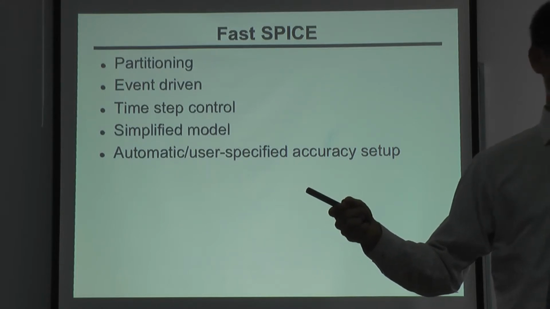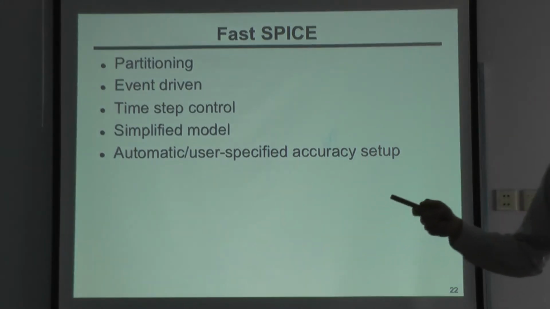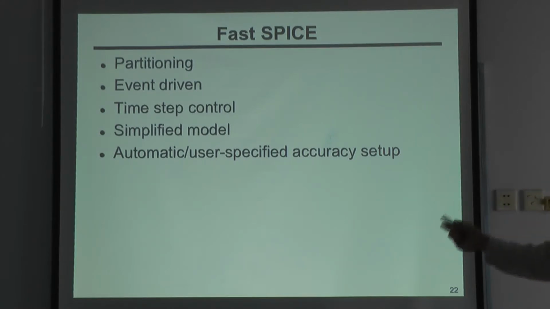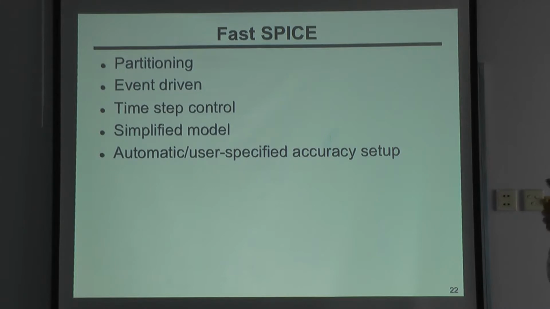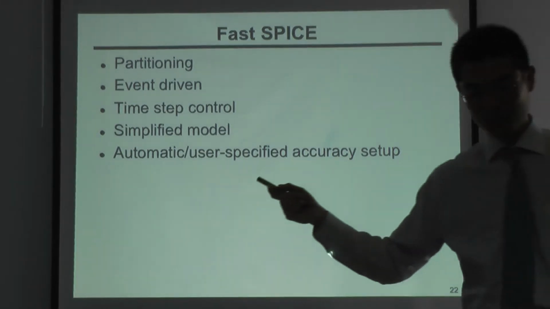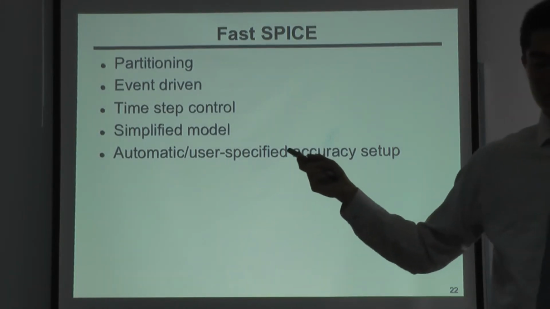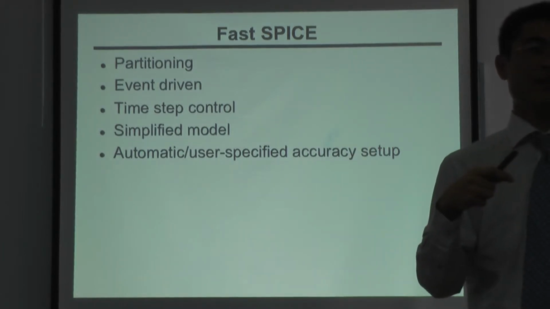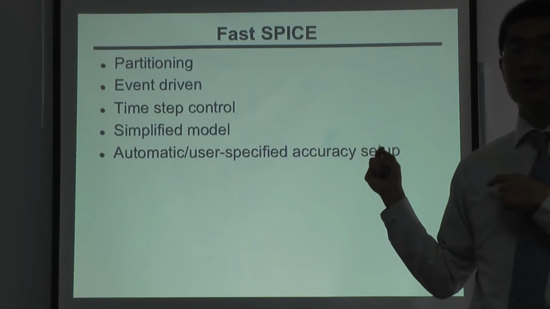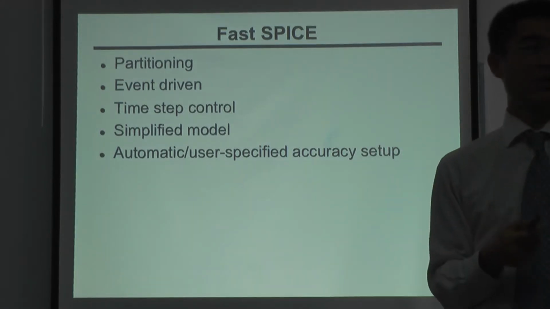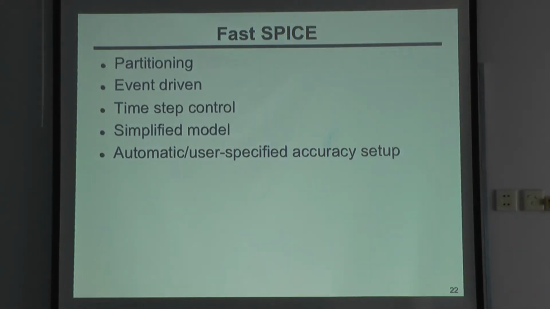It's impossible to simulate. But fast SPICE can simulate. Also for something not so big, for example a PLL, it takes a long time to simulate. Fast SPICE can give us faster simulation results.